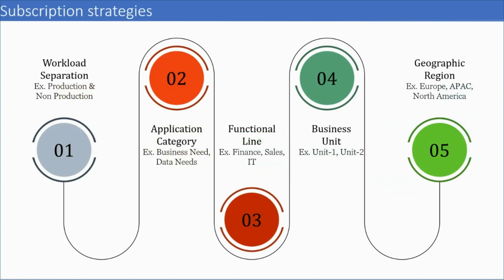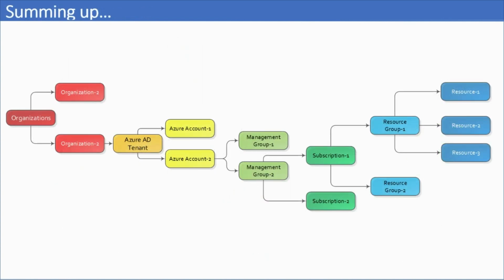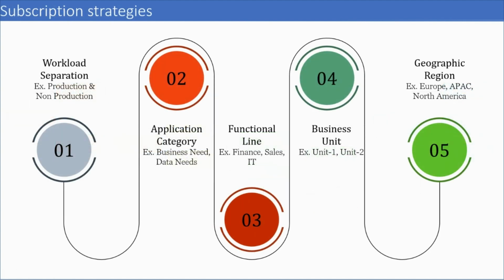Now, what are the different subscription strategies which are available? We were in the previous slide talking about subscriptions. I mentioned an example of cloud migration related activity that can be grouped under a subscription. Like that, there are other ways in which you can do subscription strategies. One is based upon the workload.